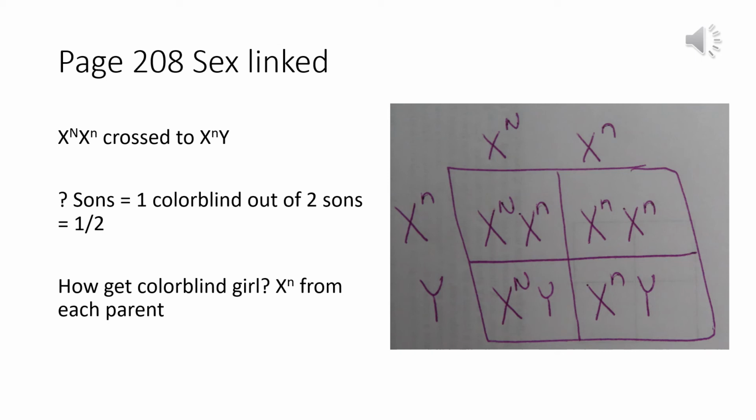Why don't you see as many colorblind girls? Because we've got 2 X chromosomes and the other X can help cover for a recessive allele. It is possible to get girls who have a recessive sex-linked trait, but it's a lot easier to get a boy. They're not exactly half and half, but half of the potential genotypes would give you a recessive genotype.